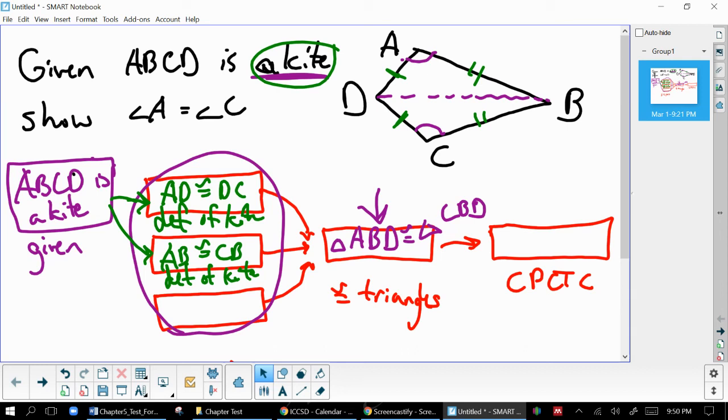In this case, my third one here would be my shared side. DB is congruent to DB. Make sure you don't have any extra things going on in there. And then make sure you remember to finish this up. The whole point of this was to prove that angle A was congruent to angle C. So in this case, at the end, we can now say that.